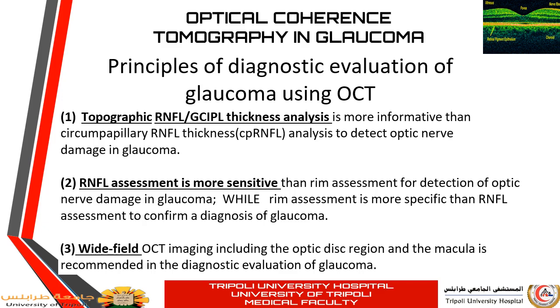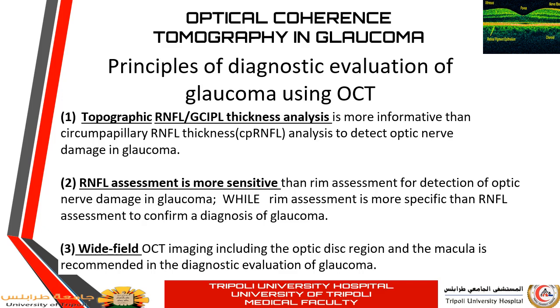And that's why recent OCTs include a wide range that covers both the macula and the optic nerve in the same map, so that you can study whether the decrease in the thickness of the nerve fiber layer in the macular area coincides with the changes in the optic nerve. It gives you more information about the pattern of nerve fiber loss that coincides with glaucoma.